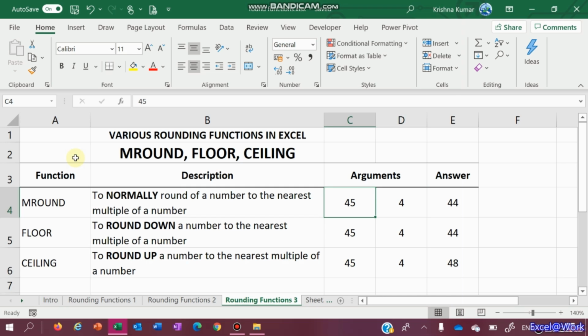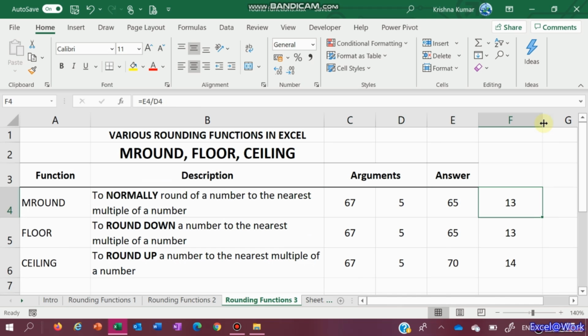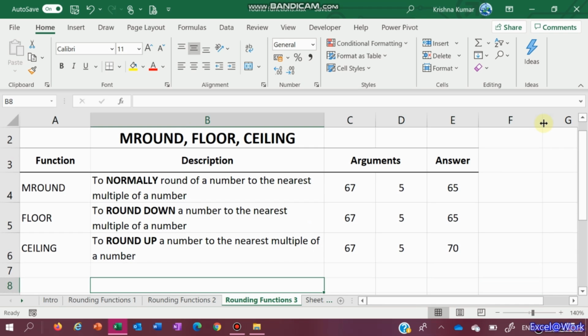So when you change the number, let us make it 56. Since 56 is a multiple of 4, all the numbers are the same here. 67, 68, 64, 68.